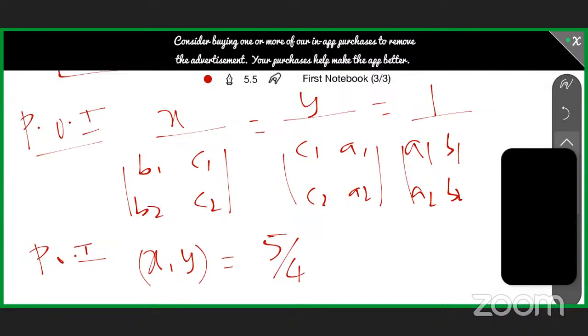Cross check your y coordinate. You won't get the same point, you will get different points. Others, anybody getting a different answer? 5 by 4 comma 15 by 4, sir. Very good. 5 by 4 comma 15 by 4.